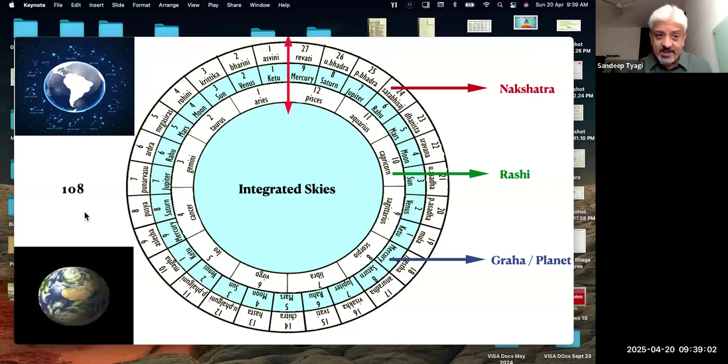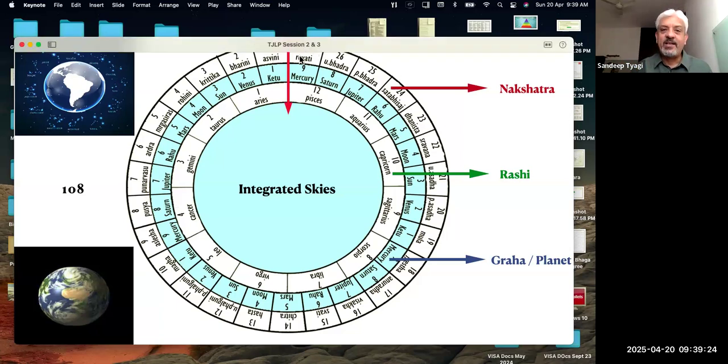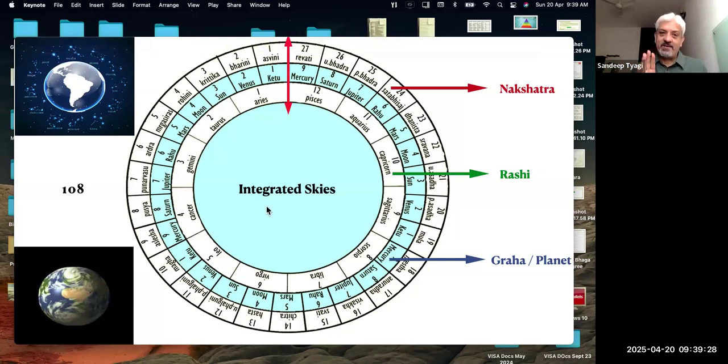You may have heard the number being spoken about in the Hindu system, 108, right? 108 comes up again and again. You go to a pandit, you go to a mandir, you want to do a certain mantra, they'll say, do it 108 times. So this number 108 comes from the fact that if you take 27 and multiply it by 4, you'll get 108.